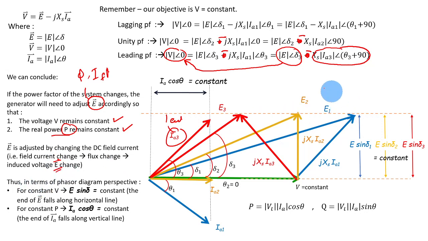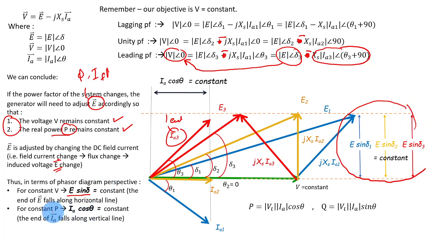So if you look at the pattern here of this phasor diagram, you can see that in order for these two criteria to be met, in terms of the phasor diagram, this value here, E multiplied by sine delta, must be a constant value. You can see that, okay, all right.